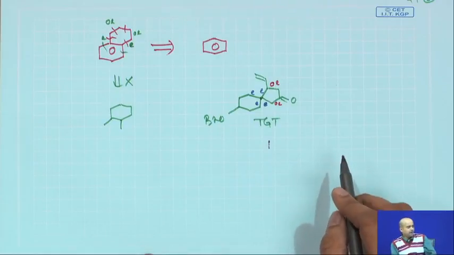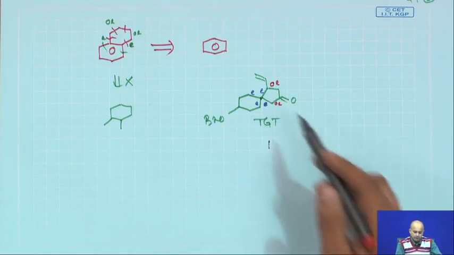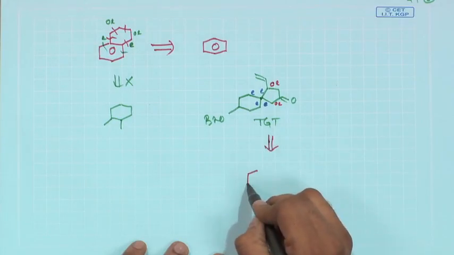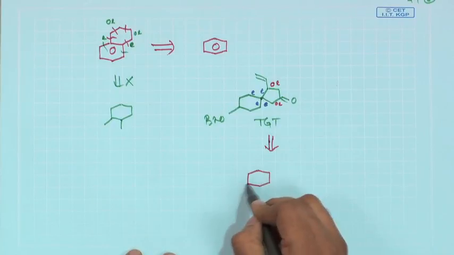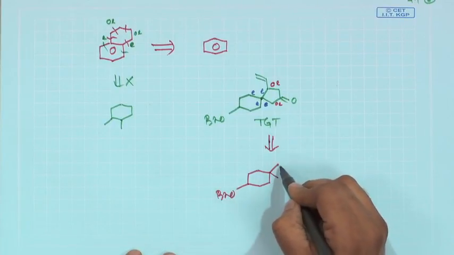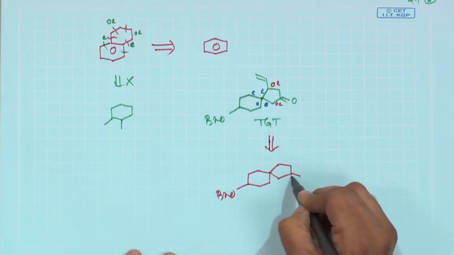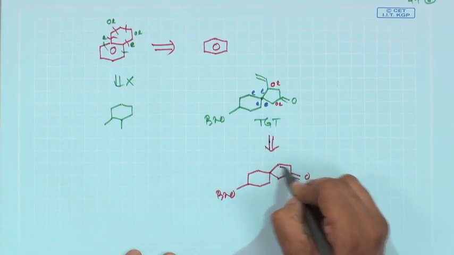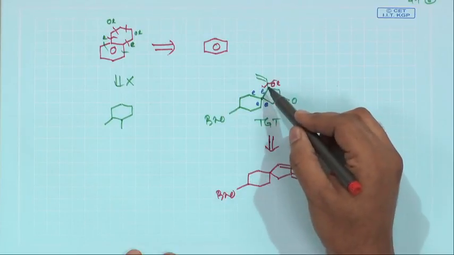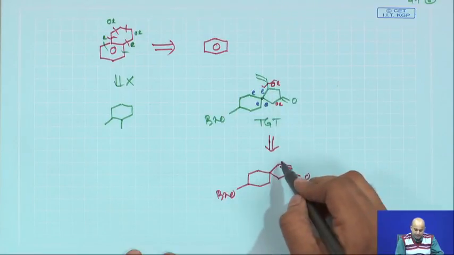Now, I always say that off-exo as well as exo bonds are good points of disconnection. So, simple disconnection of this molecule probably will give you this kind of structure. And I say that this is not an off-exo bond, this is basically an appendage.